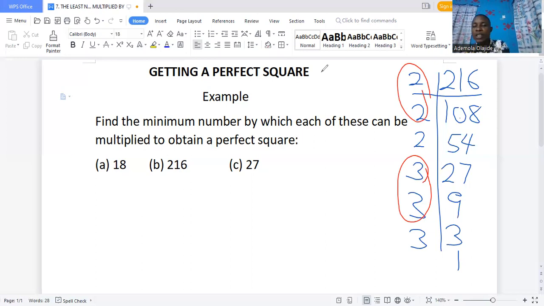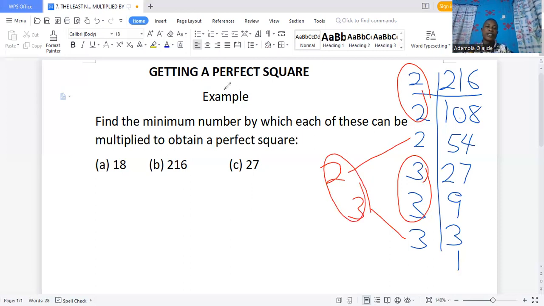But this 2 needs another 2 to make it perfect, and this 3 too needs another 3 to make it perfect, because if you say 3 times 3, that's when you will get a perfect number. That means our result now will be 2 times 3.